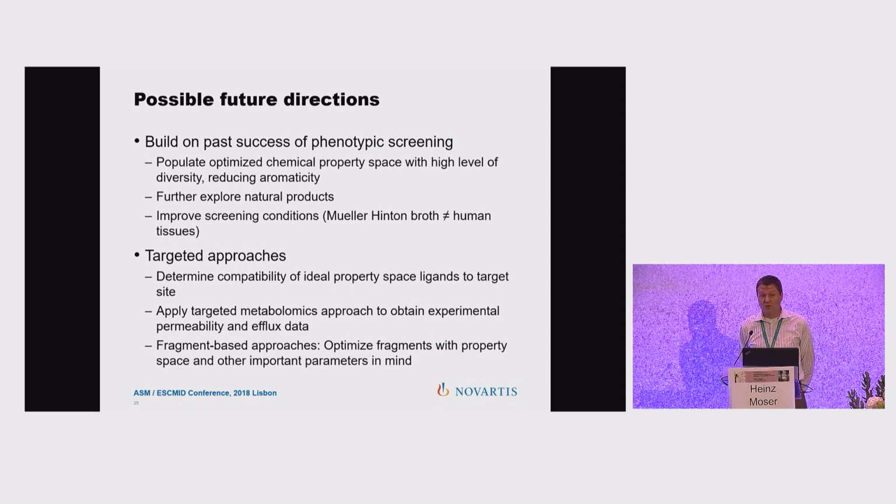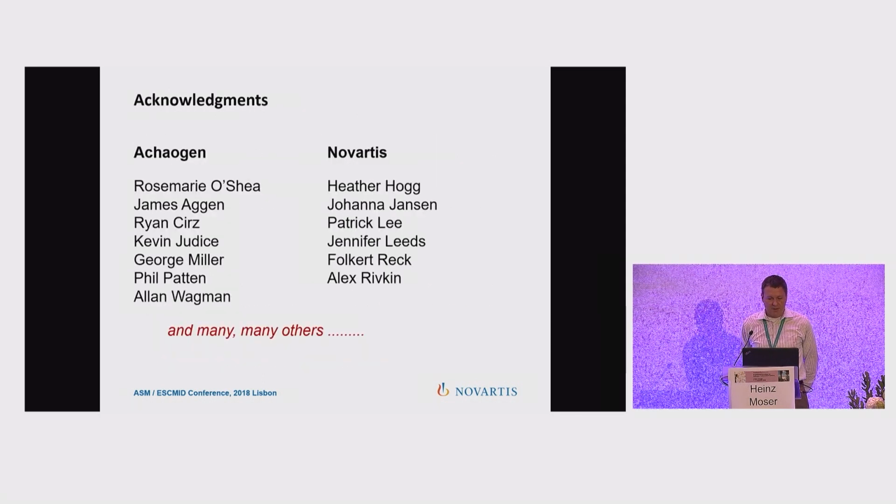It's not doable for everything you're going to go after, but it's actually doable against quite a number of targets. And then I still wouldn't let go of the fragment-based approach, because I think it does allow you to build, to evolve, as opposed to having a high-throughput screening hit, having to disassemble it and then rebuild it again. So with that, I want to add my acknowledgement slide.